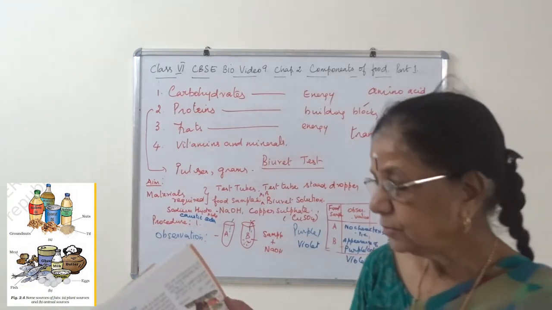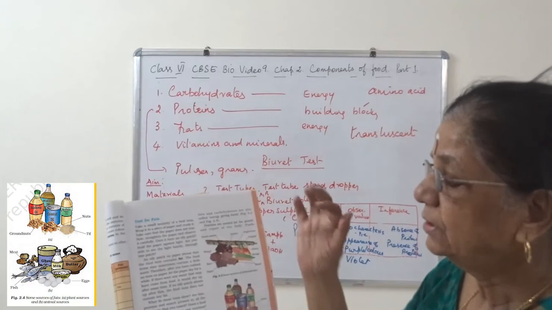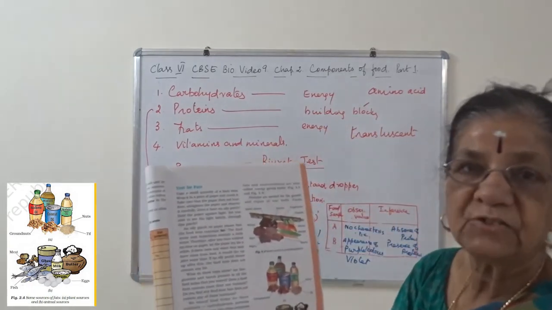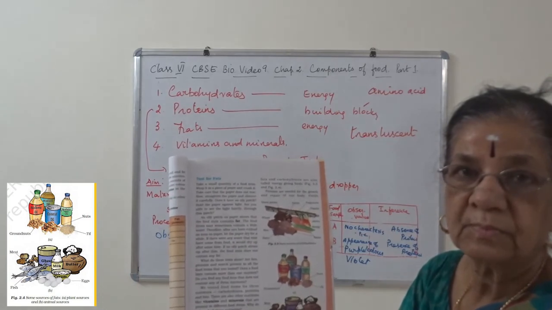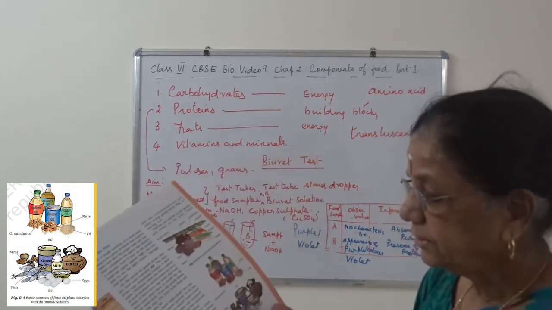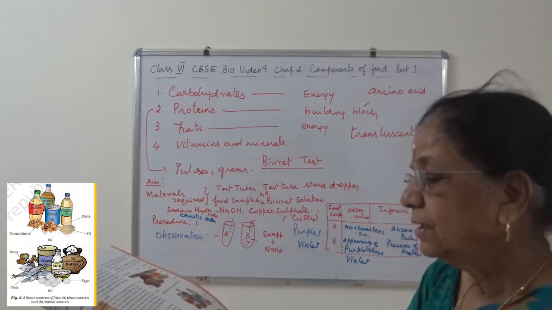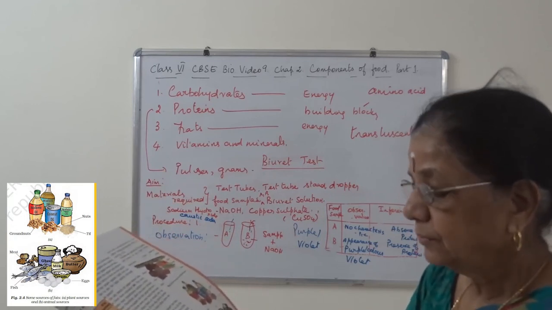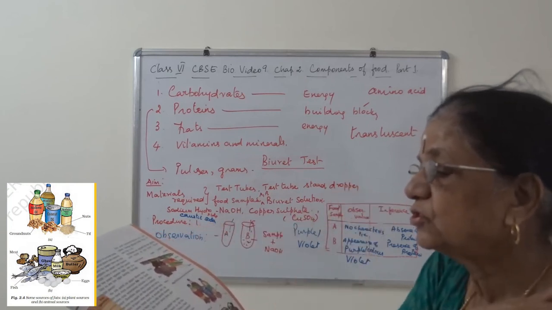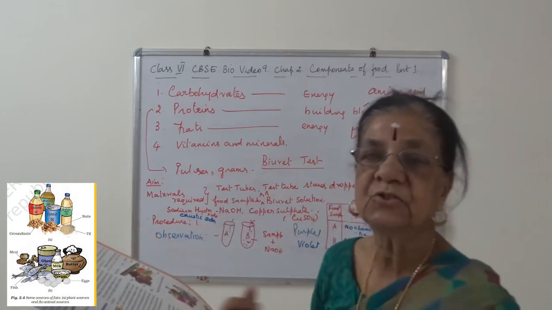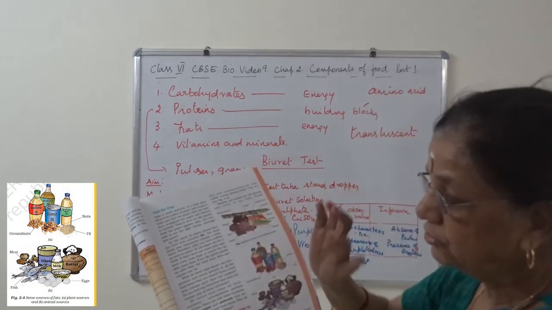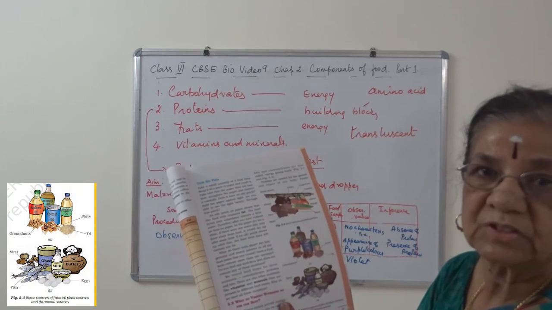In our textbook, page 11, these are the carbohydrate sources and these are the fat sources. Some sources of fat are plant sources and animal sources.